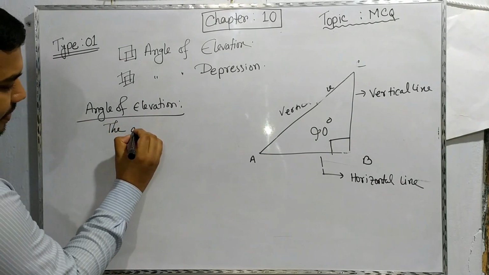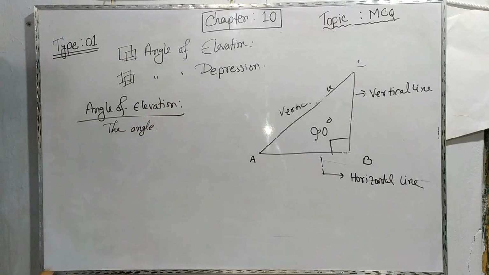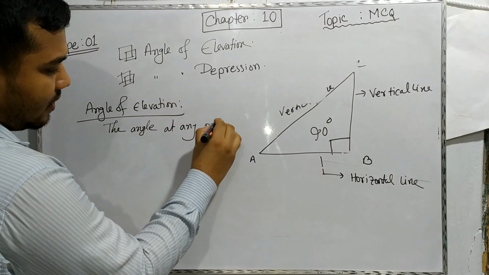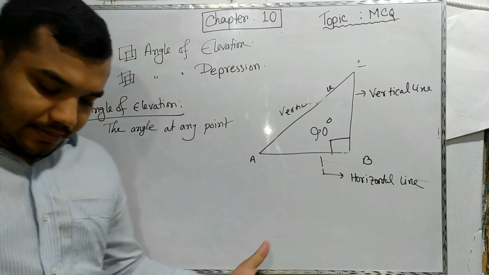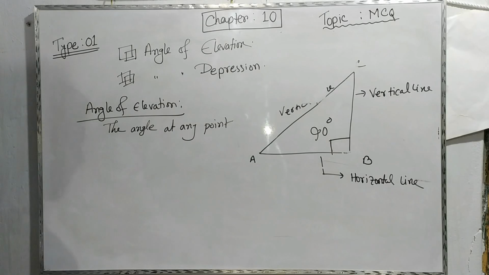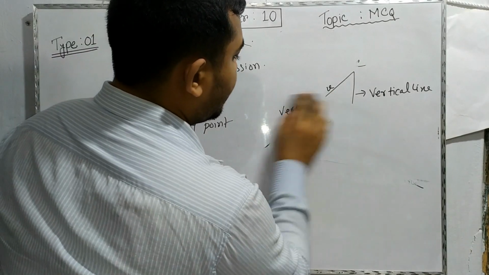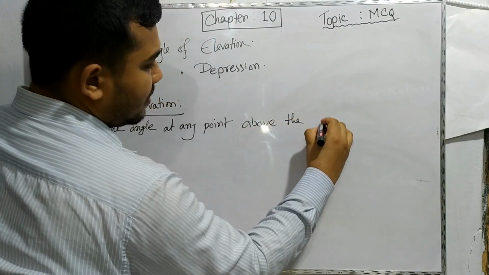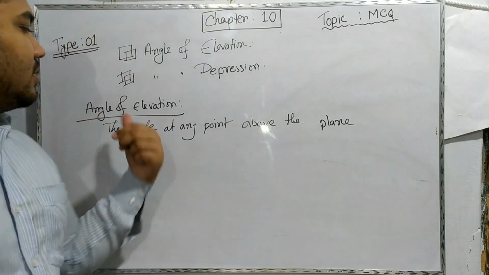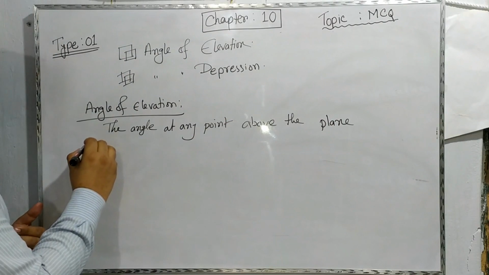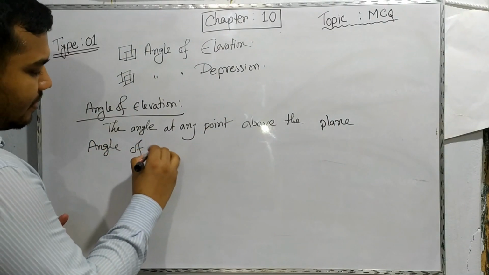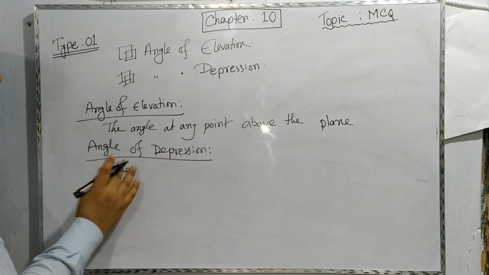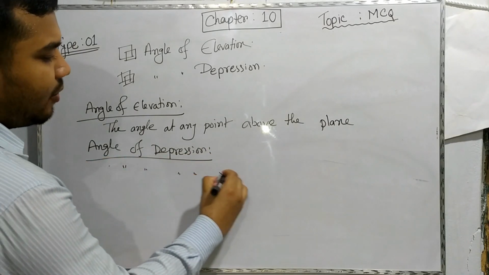the angle at any point above the plane is called the angle of elevation, and the angle of depression will be the angle at any point below the plane.